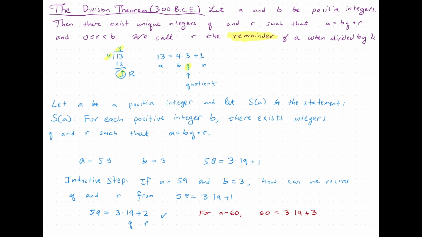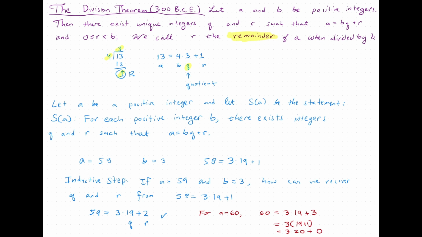But now we have that it's equal to 3, so we need to do some manipulation. And so what we do then is factor out a 3. So we factor out a 3, we have 3 times 19 plus 1. And so now we get that this here is 3 times 20, and now we know what our Q is, and the remainder in this case becomes 0.